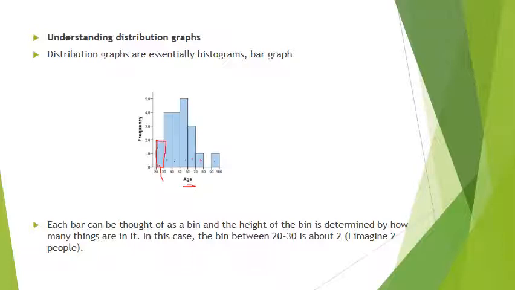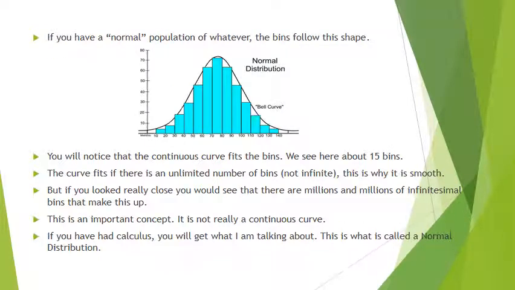So you have bin, bin, bin, bin, bin, and bin. There's something called a normal distribution of whatever, and the bins follow this shape. You've seen this. It's called the bell curve, and it's very regular, and it's found in nature all over the place.